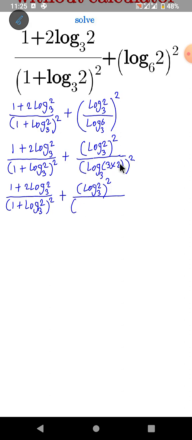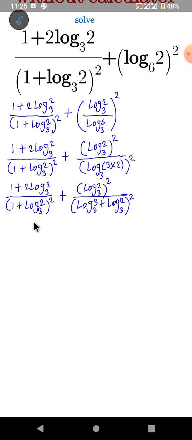Now this expression inside, I'm going to write it like this, that's log 3 base 3 plus log 2 base 3, close my bracket, then raise everything to the power of 2.